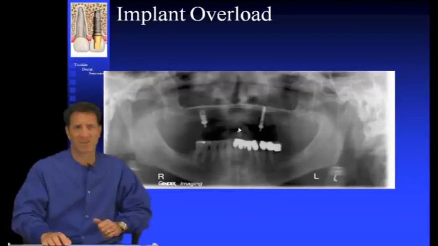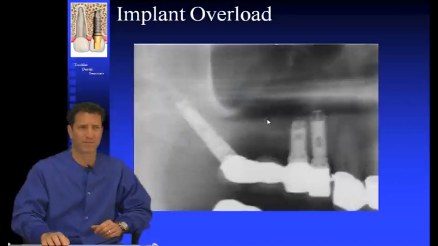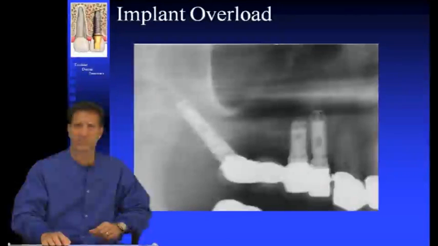Now, if you look at an X-ray like this, it certainly looks like occlusal overload. You have bone loss halfway down on this very thin implant, non-splinted. So you have 2 implants supporting an entire arch, and this is a recipe for failure. The literature also shows that angled implants create more stress than parallel implants.